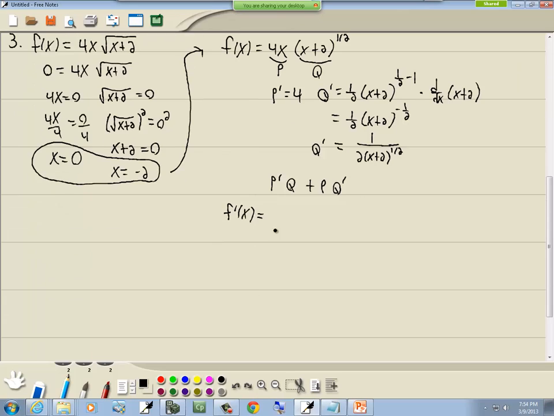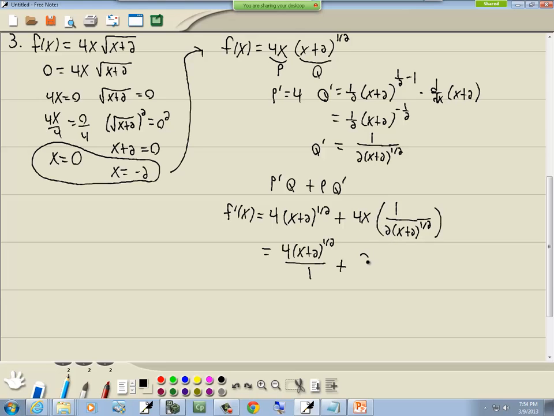So plug in everything. P prime we said was 4 times q, which was x plus 2 to the 1/2, plus p, which was 4x, times q prime, which is 1 over 2 times x plus 2 to the 1/2. Well, this gives us 4 times x plus 2 to the 1/2 over 1, plus, and the 4 and the 2 will simplify.